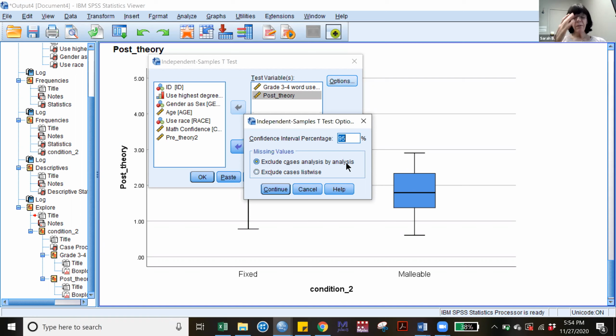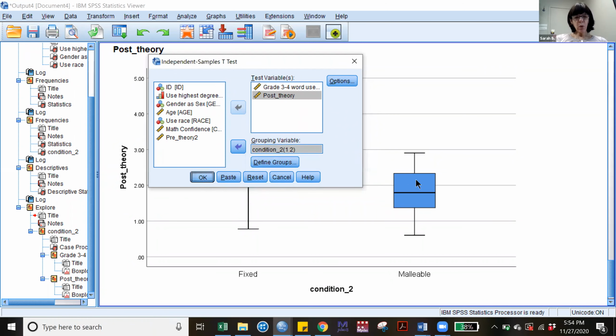But if you had different numbers of cases per dependent variable, like you'd lost some data for one variable, then it would be important to do analysis by analysis, because if you exclude cases listwise, those people who are missing on one dependent variable would also be omitted from the test of the other dependent variable. There'd be occasions when you'd want to do that, but typically you want to use all the data you have. So we're going to say that's okay.